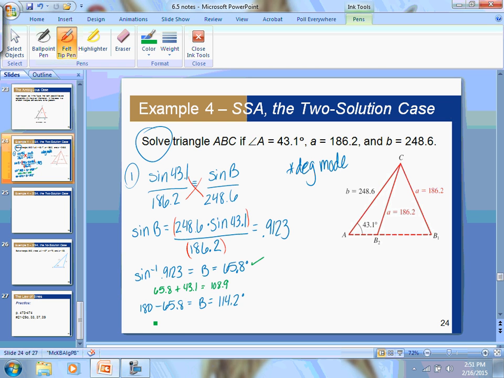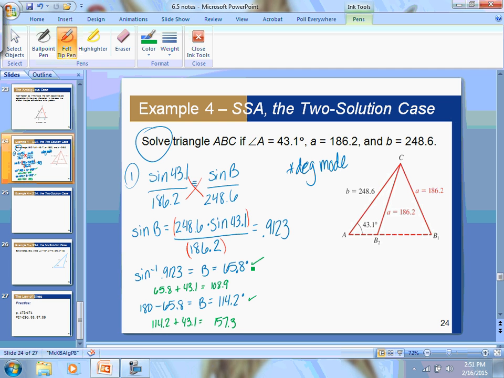And if I take the 114.2 plus the 43.1 that I was given for angle A, that gets me 157.3. Still plenty of room to add in more so that I go all the way up to 180 for my third angle.